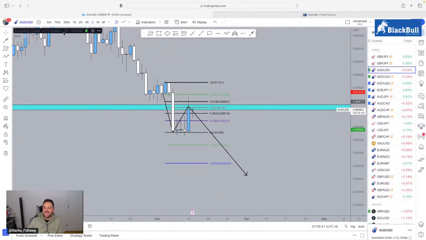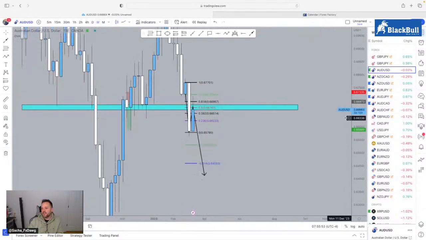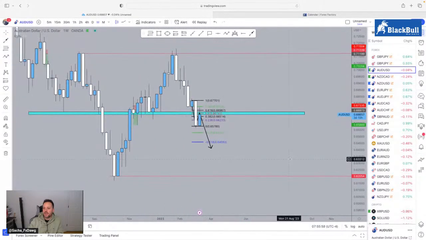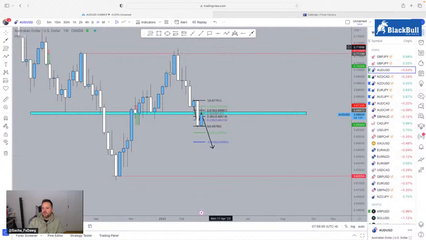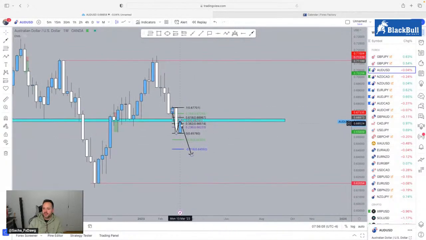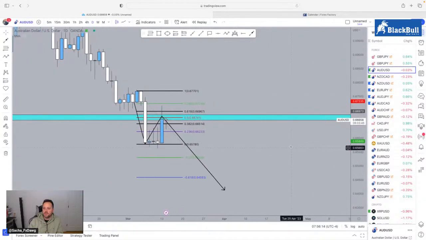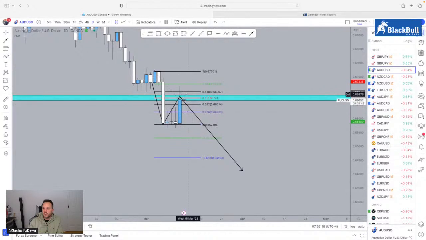Okay, so now let's talk about the weekly. The weekly here on AUD USD, we are bearish. Still, we broke previous support, previous area of interest here, to the downside and wanted to see if we can retest it. We did. If you look on the daily, we broke, retested, and if we establish the golden zone here, we are right in it.